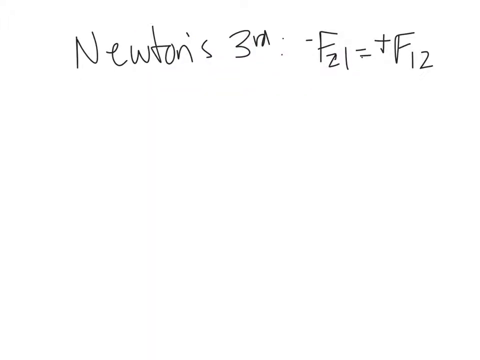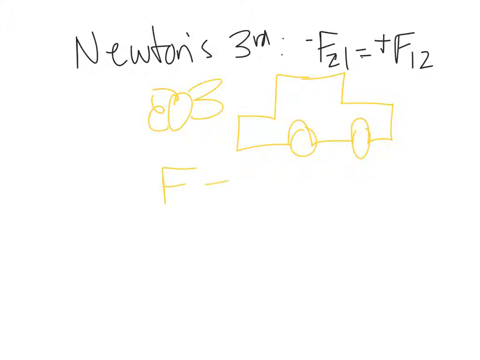You might recall that this kind of starts to sound a little about like Newton's third law, where we talked about those equal and opposite forces, where a bug colliding with a vehicle, we talked about how both the bug and the vehicle would experience equal forces. The difference being that the bug, having a very small mass, would experience a large acceleration, whereas the vehicle with a large mass would experience a very small acceleration in result.